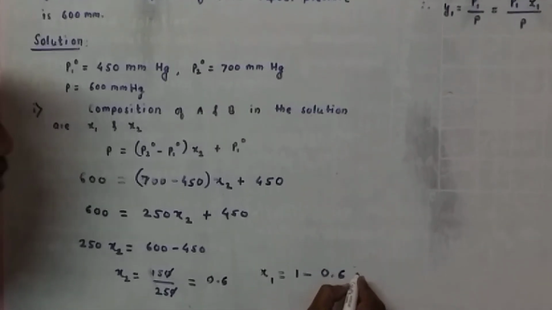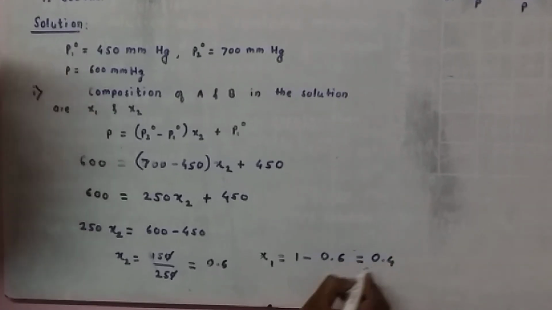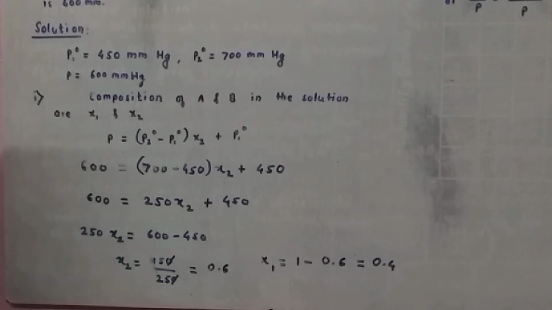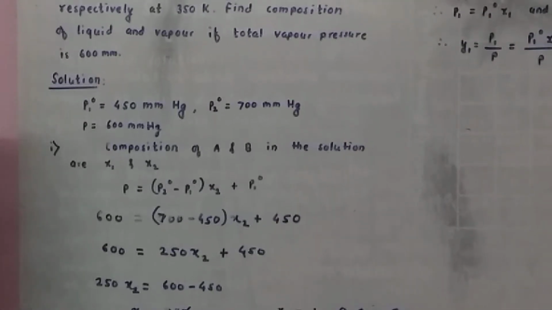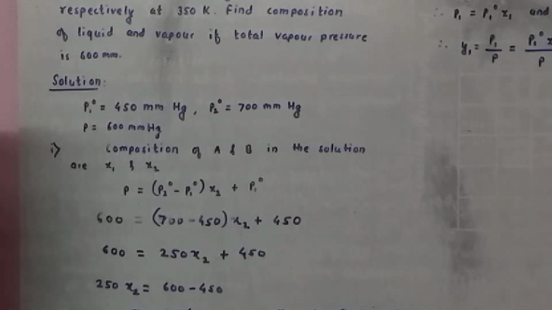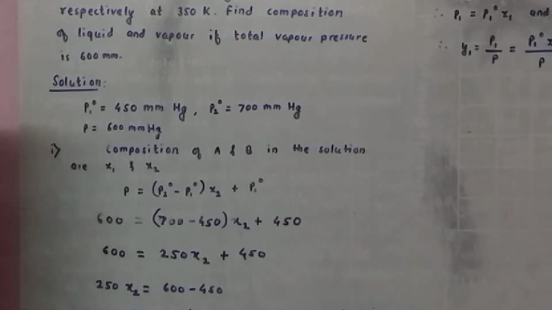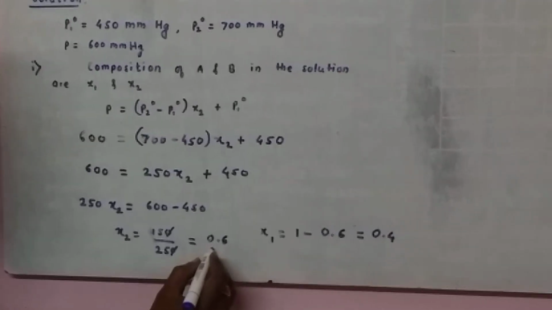So x1 will be 0.4. In this way, we have found x1 equal to 0.4 and x2 equal to 0.6.